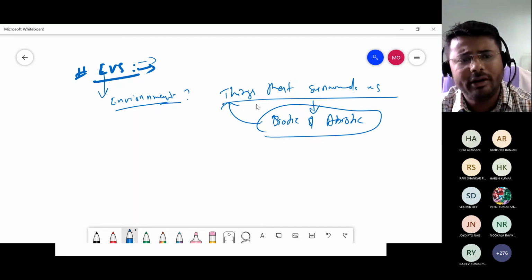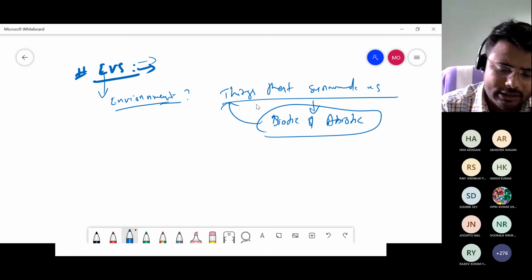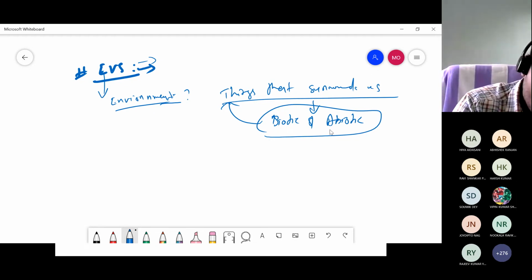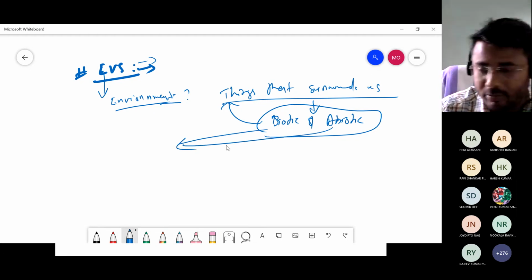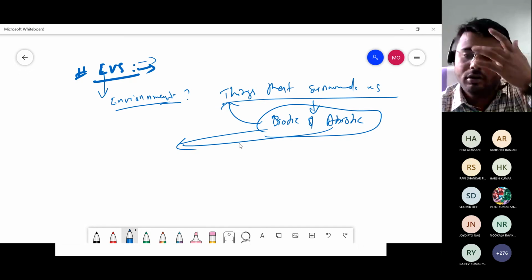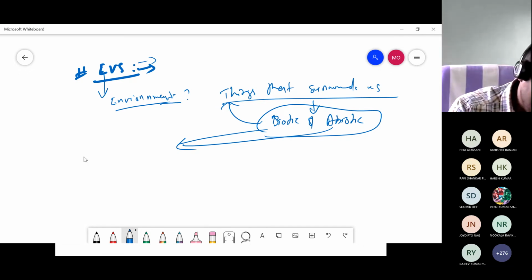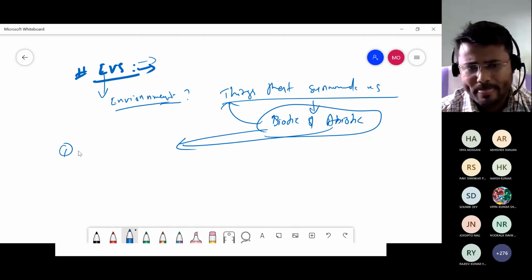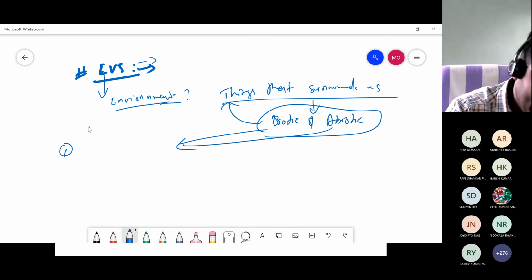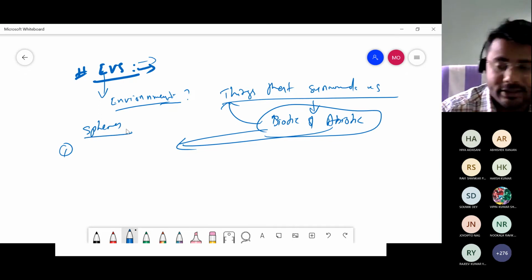Whenever we talk about environment, we have to take account of both the biotic and abiotic components. And if you try to understand the whole environment, there are four basic components, which we name as spheres.